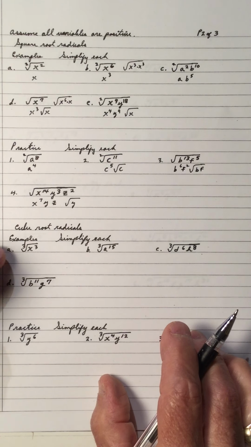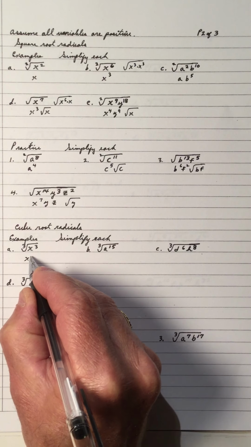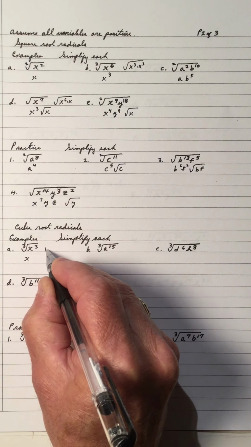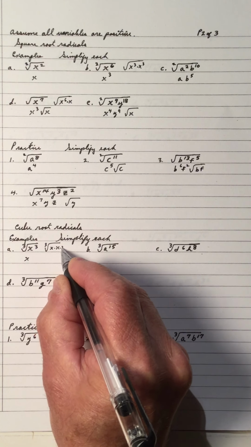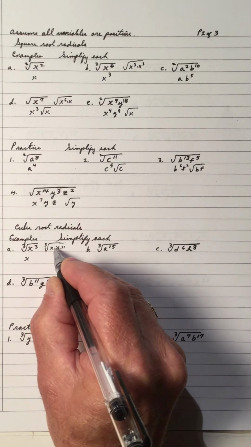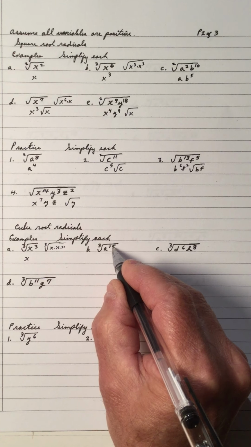Cube roots, which we're going to do next, we divide by 3 because you need 3 of them. So the cube root of x, 3 divided by 3 is 1. Remember, the cube root of x cubed is x times x times x. There's 3 of them, so you just take 1. And for cube roots, you divide by 3.